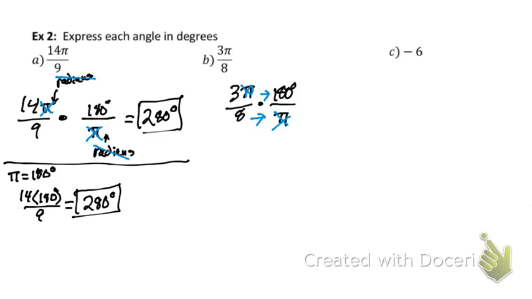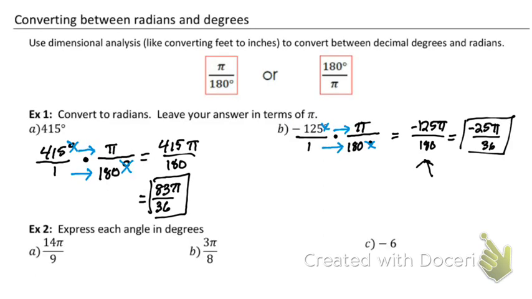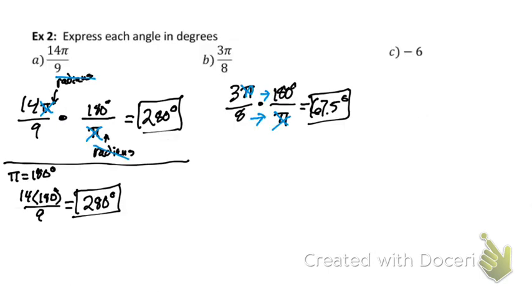And when you're doing it in degrees, we're going to round it, or we're going to take it to the decimal. In this case, we could plug in our calculator and come up with 67.5 degrees. For radians, we leave it in fraction form, like that 83 pi over 36. For degrees, we're just going to put the decimals down, because it is decimal degrees. Remember that from yesterday? It's decimal degrees, so we want decimals.